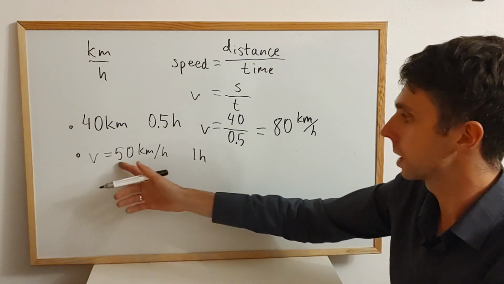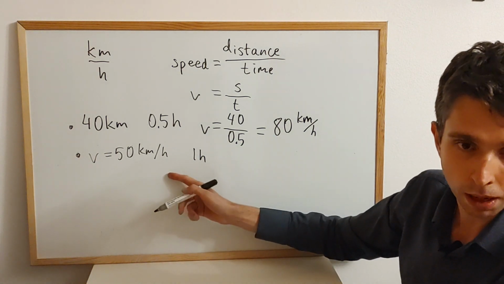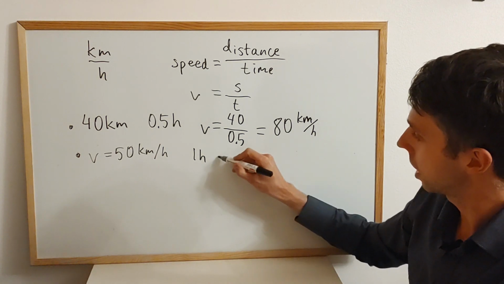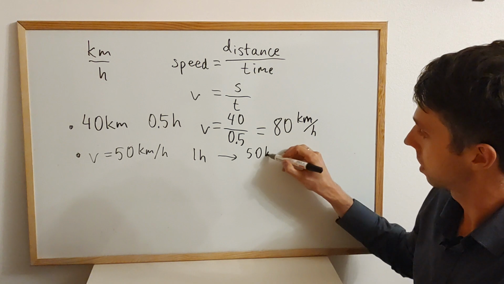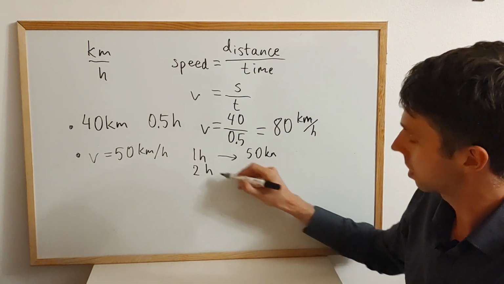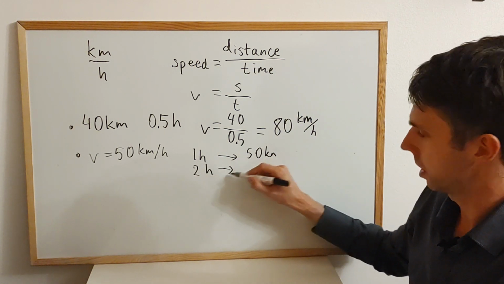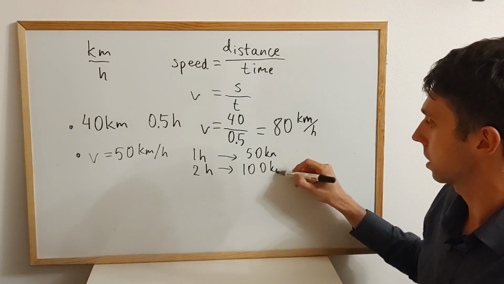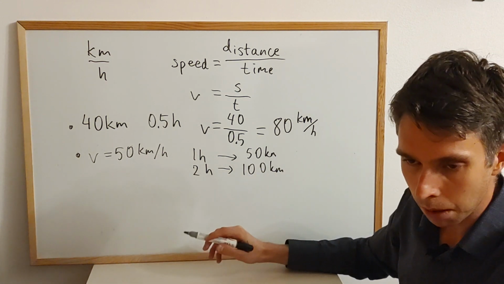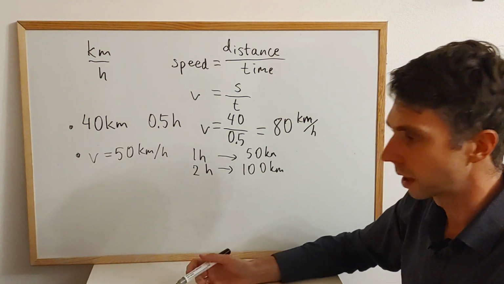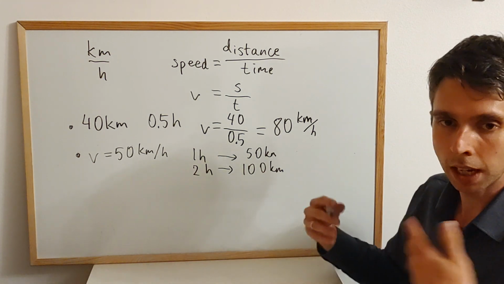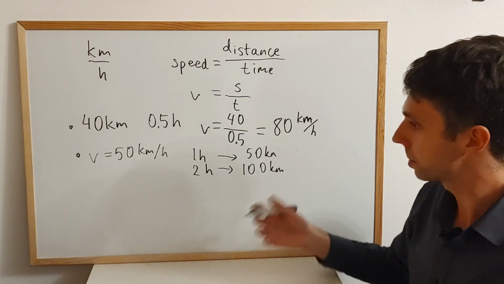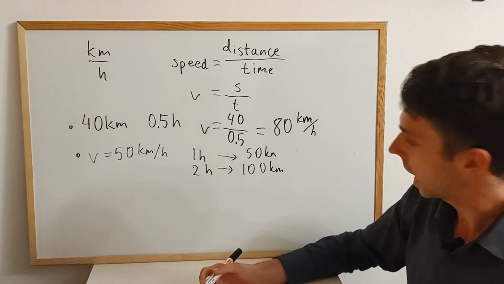So it's pretty simple. 50 kilometers per hour, so it means in 1 hour I travel 50 kilometers. In 2 hours, I will drive 100 kilometers. In 3 hours, 150. In half an hour, 25 kilometers. So how can I obtain these answers?